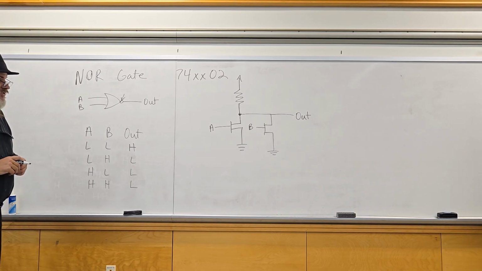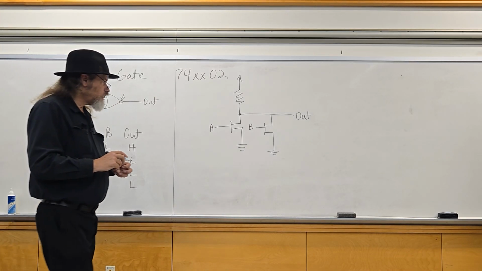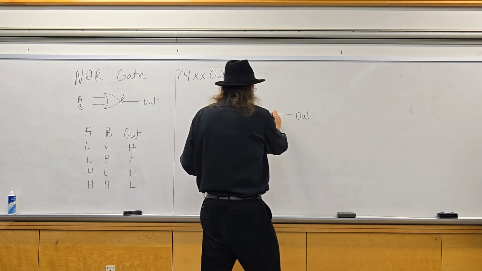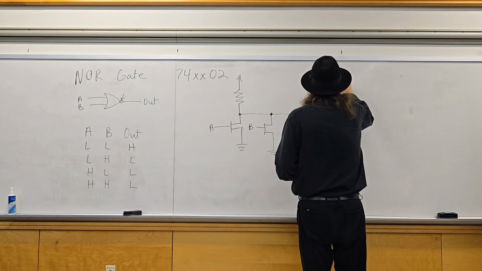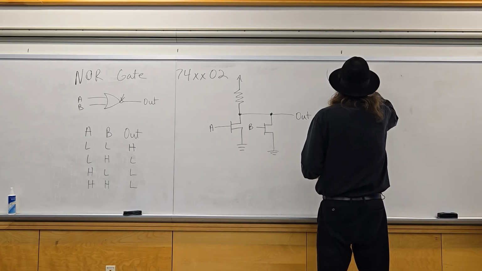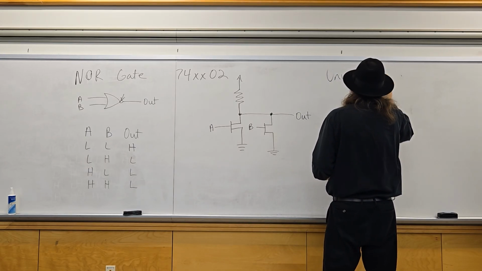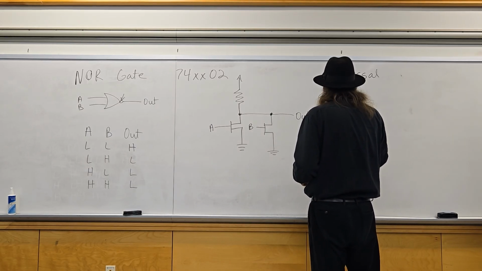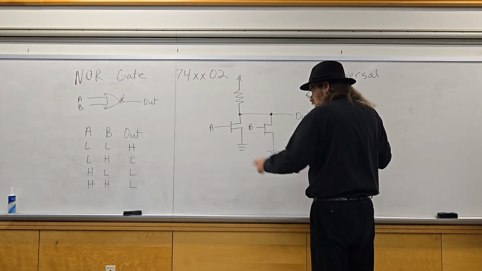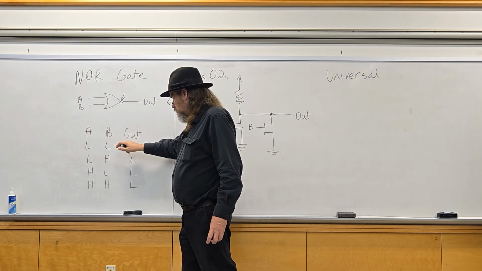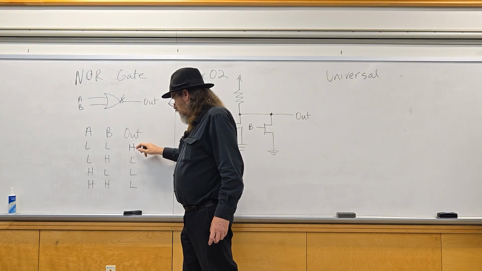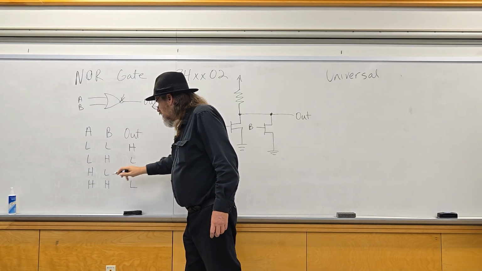This is also a universal gate. Because if you tie the two inputs together and it's low, you get a high.